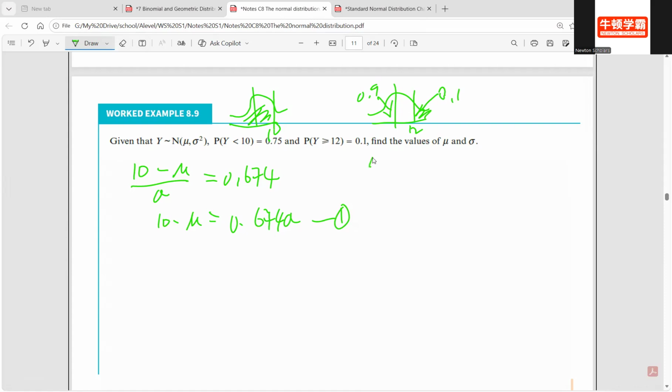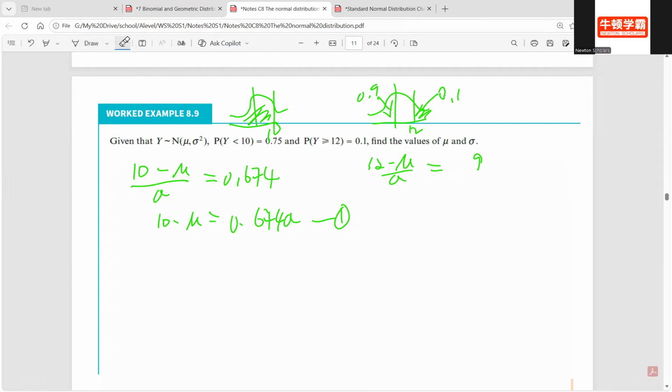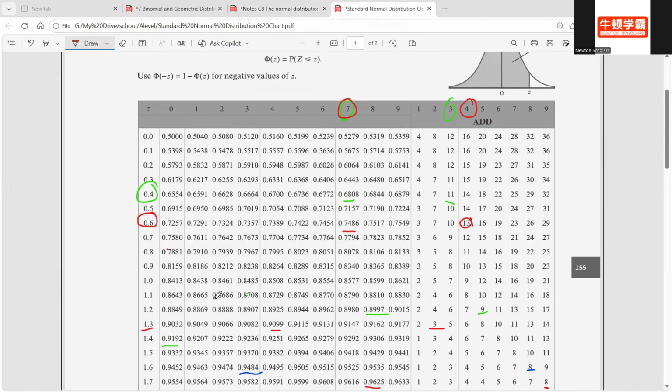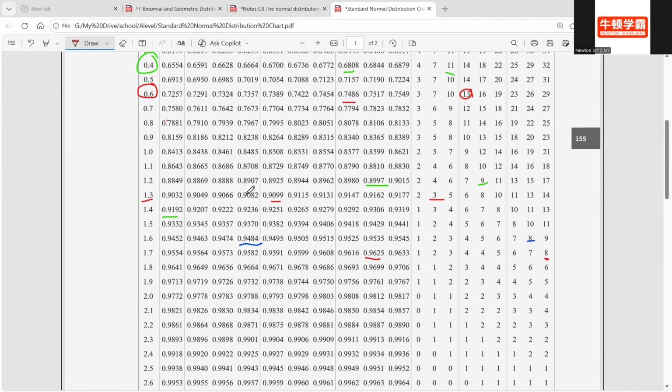So I can set that 12 minus mu over standard deviation equal to 0.9. Not 0.1 anymore. But not 0.9 yet because I need to find that. 0.9 is around here. Okay, this one should be 1.2.